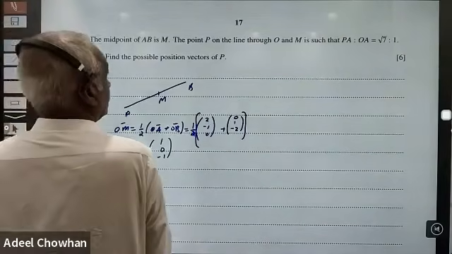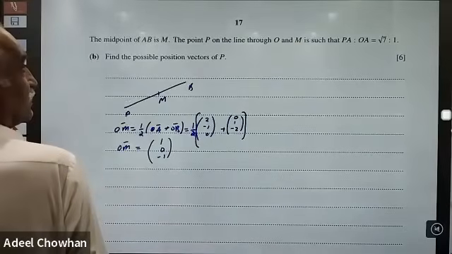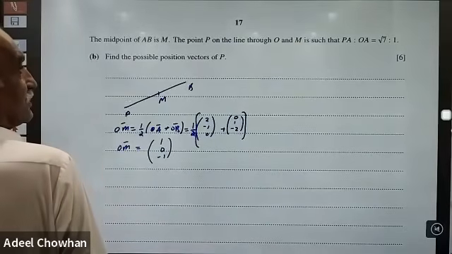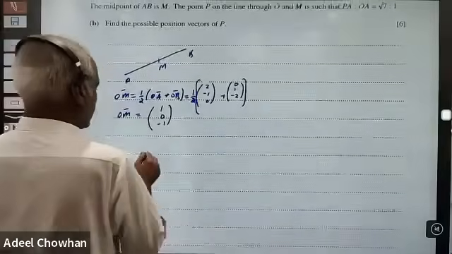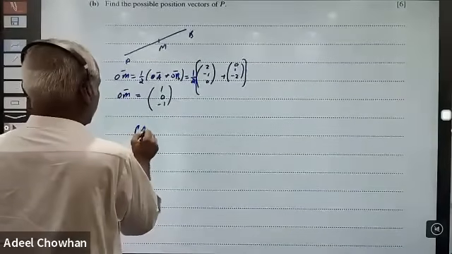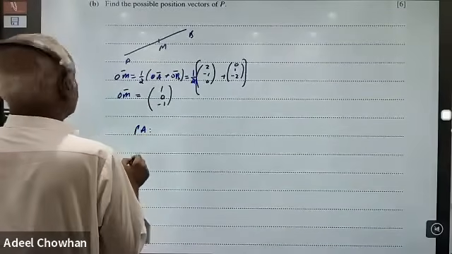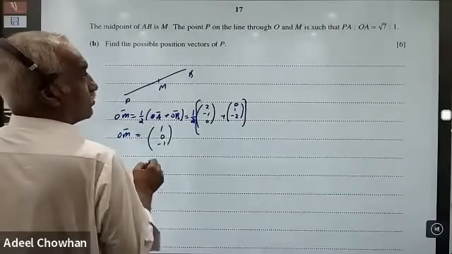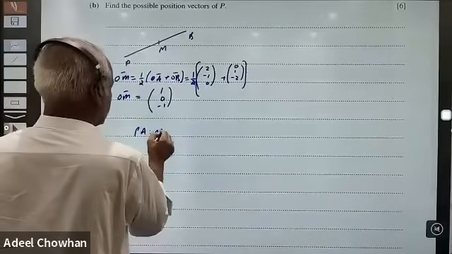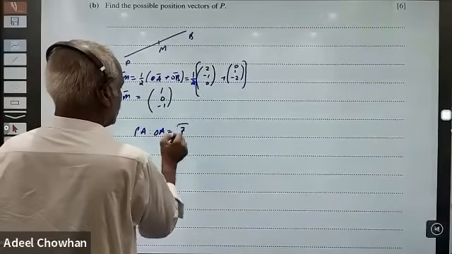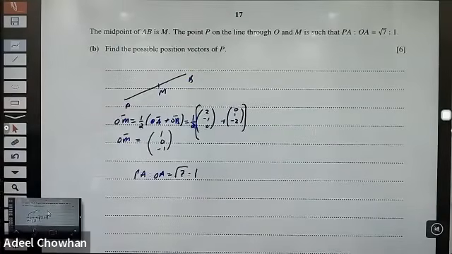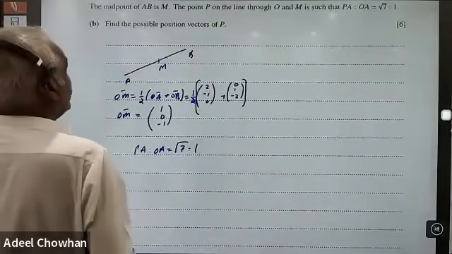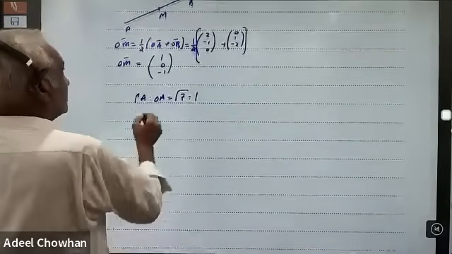And now the possible position of P on the line through O and M is such that PA ratio OA is equal to root 7 ratio 1. So M is the midpoint of AB.